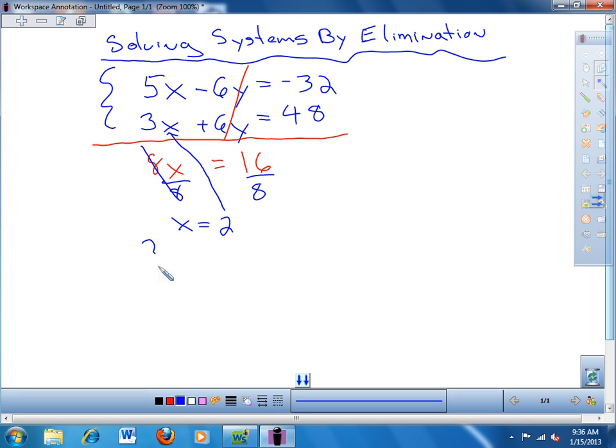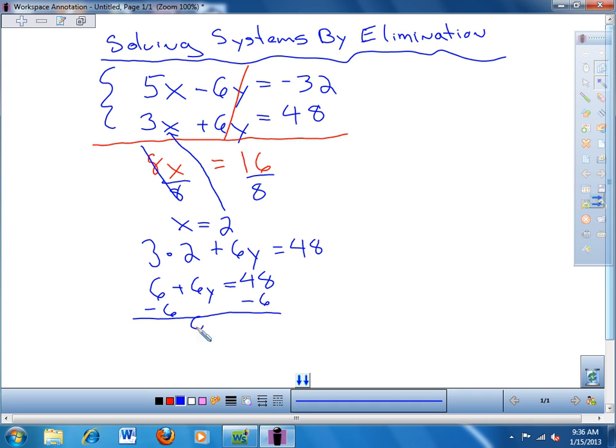So you take x equals 2 and plug it into either the top or the bottom equation. If I do that, I get 3 times 2 plus 6y, which I'm trying to find, equals 48. That gives me 6 plus 6y equals 48. Then I subtract 6 from both sides, and I get 6y equals 42.